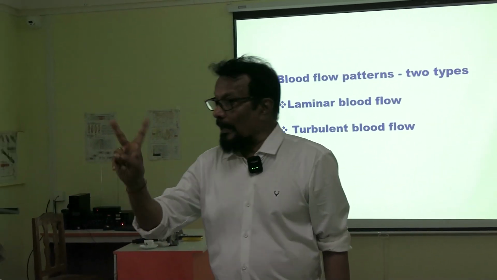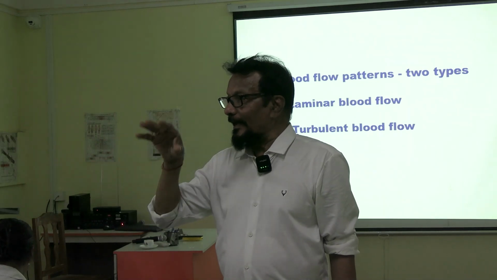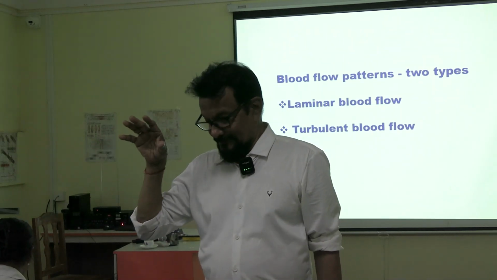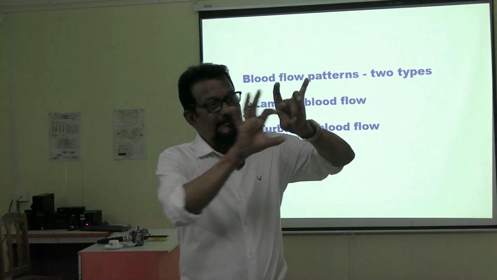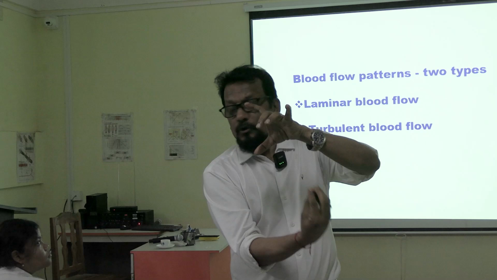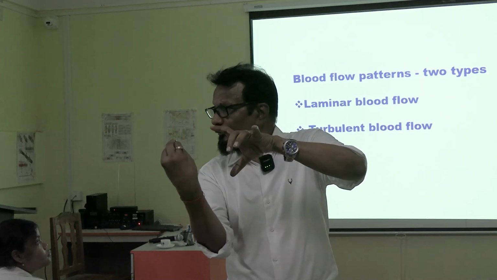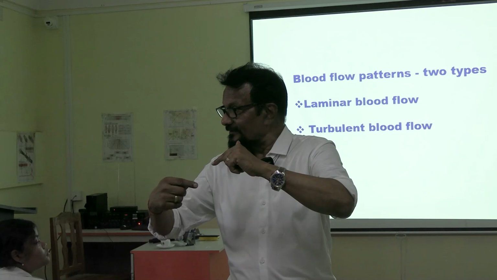When blood flows, there are two types of flow. One is laminar, another is turbulent. Laminar flow means, this is the blood vessel, and blood or water, whatever fluid is passing through it, while passing, it forms several layers.